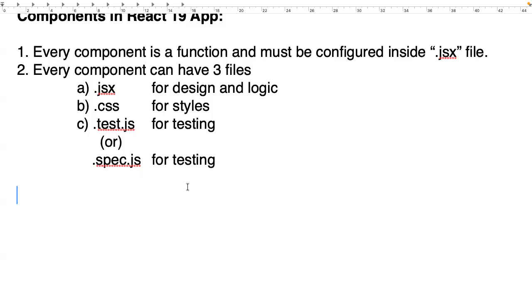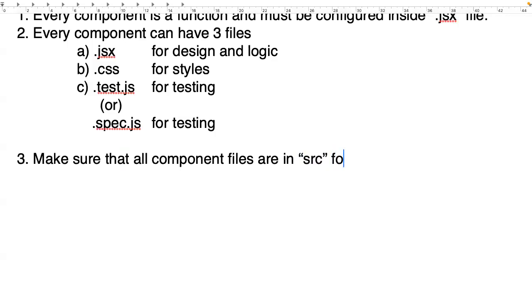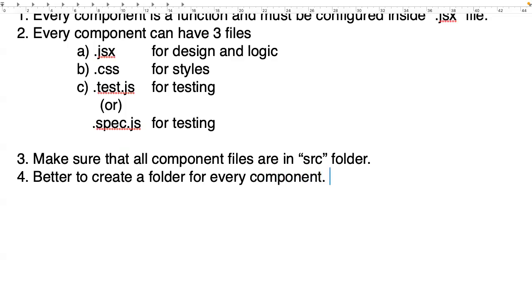So the basic rule you need to know is to make sure that all component files are in the src folder. That is mandatory. It is better to create a folder for every component.